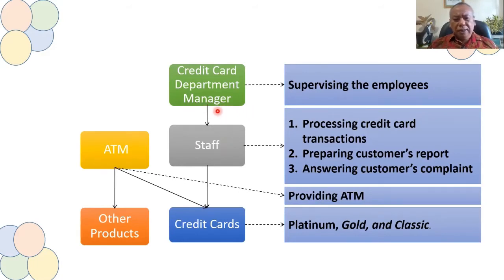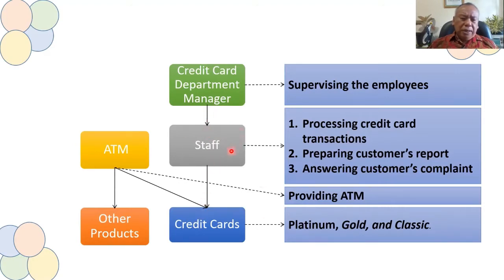And then the manager will answer, for example, the first is processing credit card transactions. The second is preparing customer report or customer bill. And then the other activity is answering customer complaints. And then we can ask the manager, aside from your staff, is there any equipment related to your credit card?